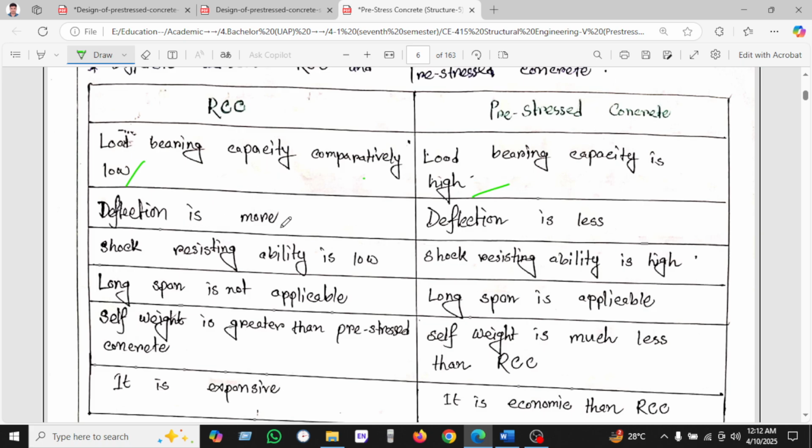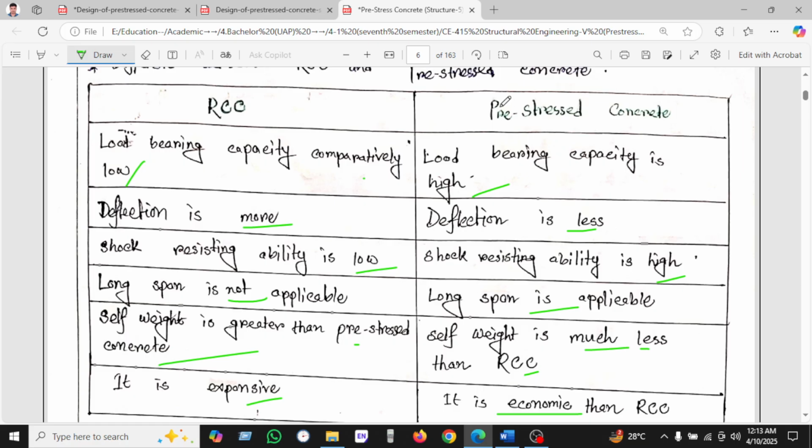Deflection is more in RC and less in Prestress Concrete. Shock resistance ability is low in RC and high in Prestress Concrete. Long span is not applicable in RC but applicable in Prestress Concrete. Self weight is greater than Prestress Concrete, and the self weight of Prestress Concrete is much less than RC. RC is expensive, Prestress Concrete is economic.